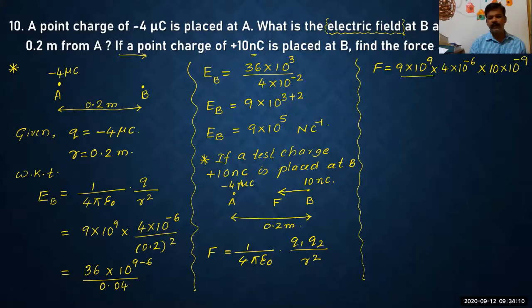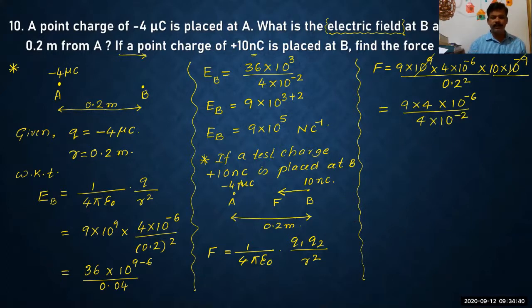Right? Then what is the distance here? Distance is 0.2 square only. Distance remains the same. So observe one thing here. 10 raised to plus 9 and 10 raised to minus 9 cancel. Okay. So it is 9 into 4 into 10 raised to minus 6 whole divided by 0.2 whole square, which is nothing but 4 into 10 raised to minus 2.